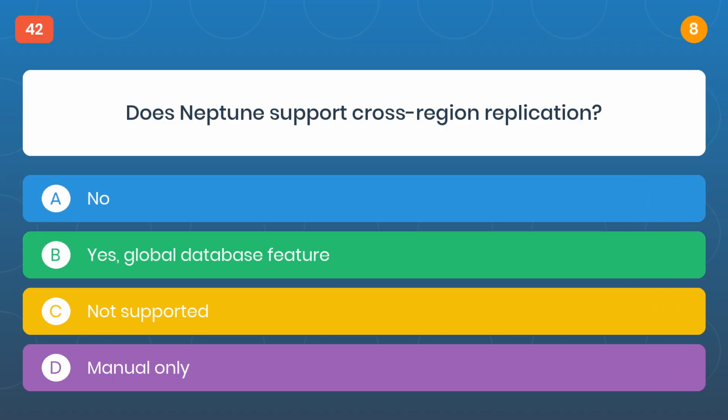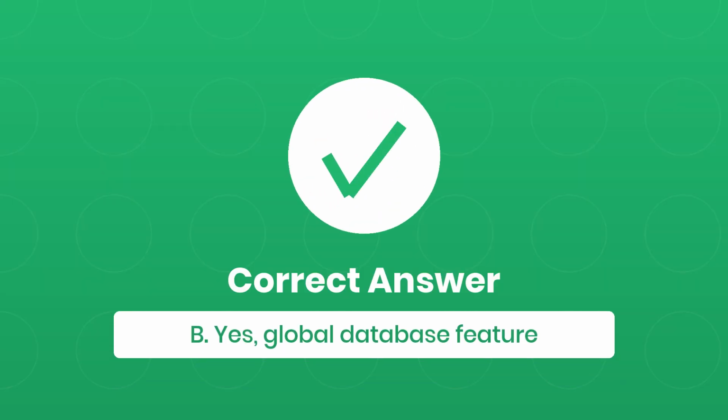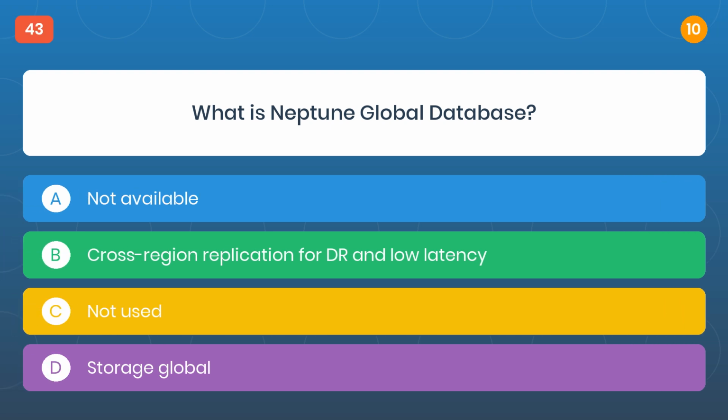Question 42. Does Neptune support cross-region replication? The correct answer is B, yes, global database feature. Question 43. What is Neptune Global Database?